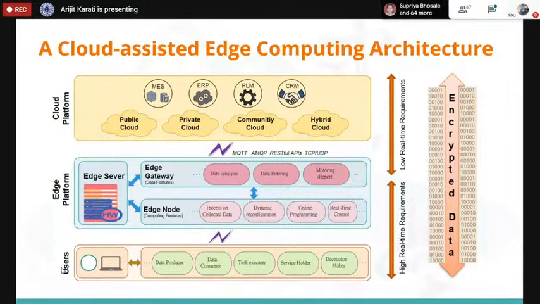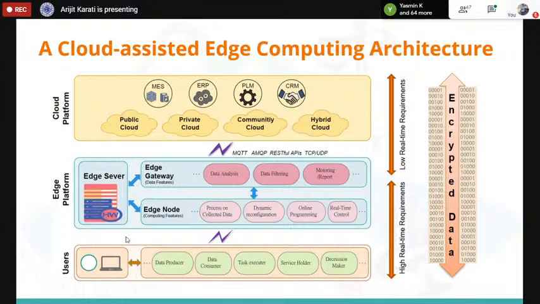In this 3-layer architecture, the communication is typically performed based on MQTT, RESTful API protocols, and TCP/UDP kind of communication protocols. Based on these communication protocols, the layers interact with each other.